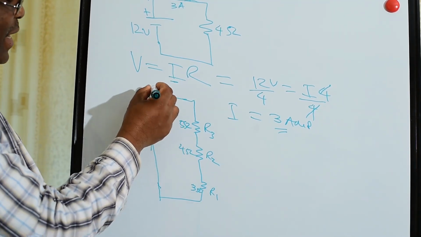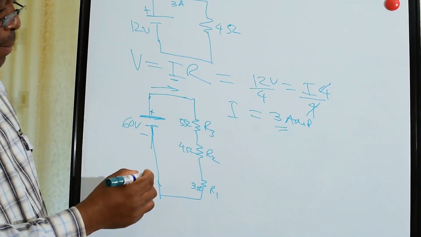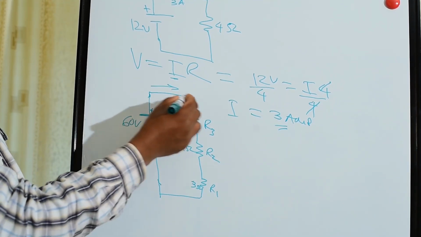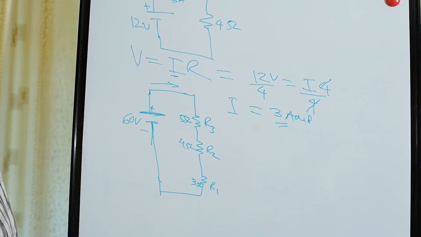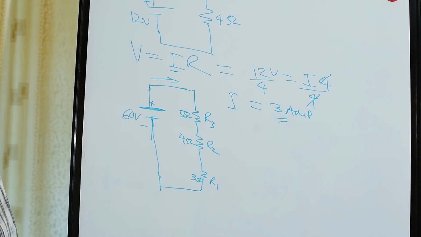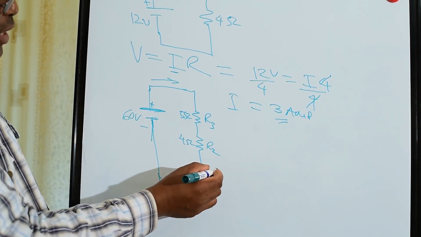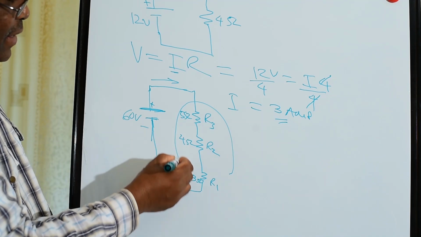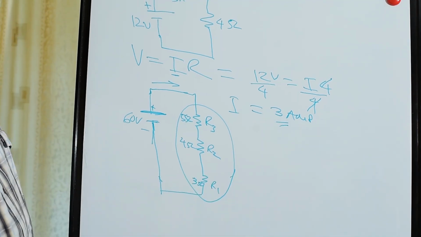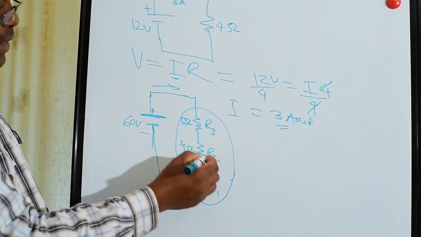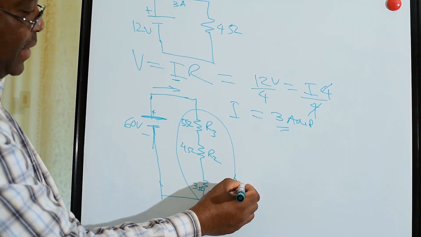Then we have to find the current. How much current will flow in this series circuit? First and foremost, we have to find the total resistance in this circuit. So this is like a big resistor.